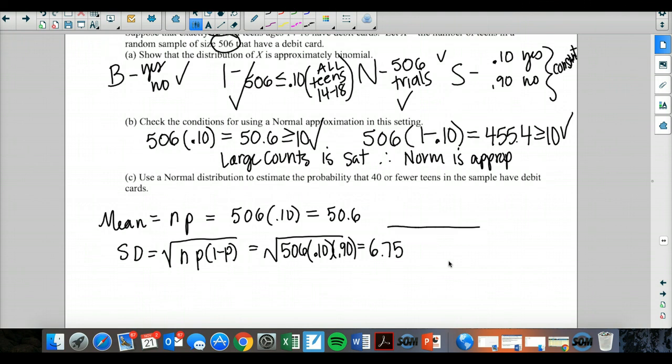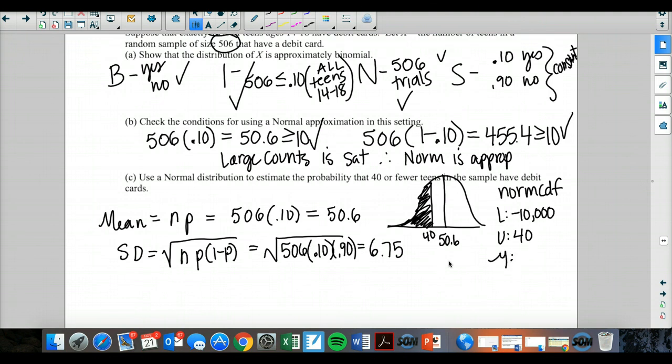All right, so here's my curve. 50.6 is my mean. I'm going to do normalcdf. We want to know 40 or fewer. So if this is 40, then this would be fewer. So normalcdf, my lower is negative 10,000. My upper is 40. My mean is 50.6. And my sigma is 6.75.